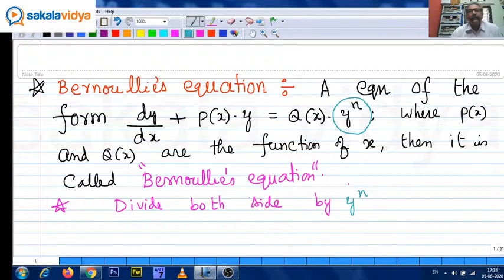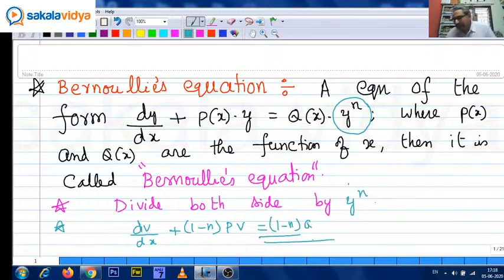Then the above equation can be converted into this form: dv by dx plus (1 minus n) times p v equals (1 minus n) times q. Again it becomes a linear differential equation, then we need to solve it now.